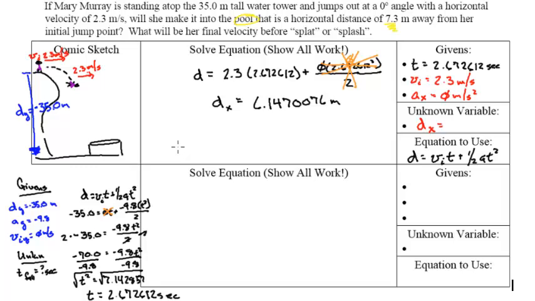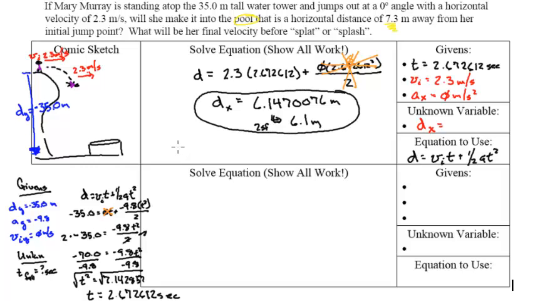Let's figure out significant figures. There's 3, there's 2. So I'm going to apply 2 sig figs. 6.1 meters. Wow, wait a minute. So that's my answer for the first one.